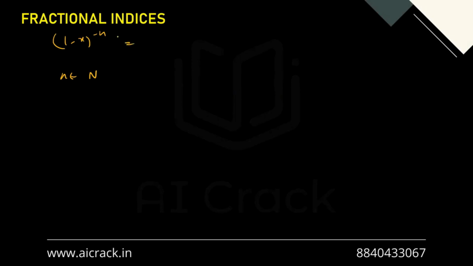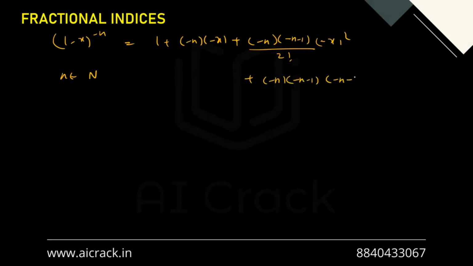So if I try to write it in generic format, it would become 1 + (-n)(-x) + (-n)(-n - 1)/2! (-x)^2 + (-n)(-n - 1)(-n - 2)/3! (-x)^3 till the end.